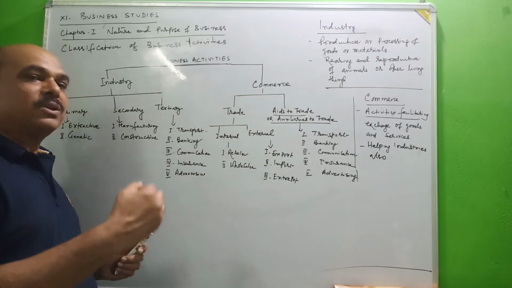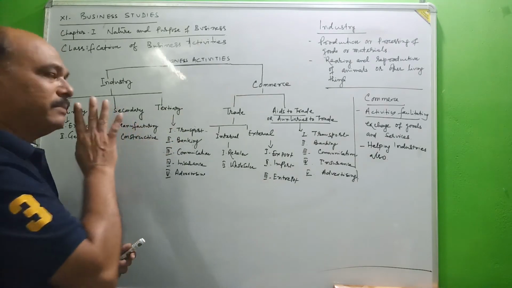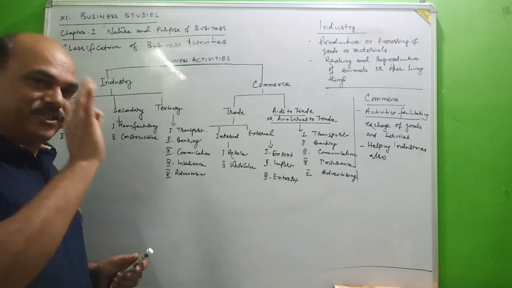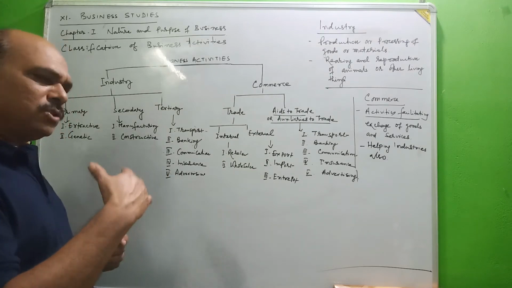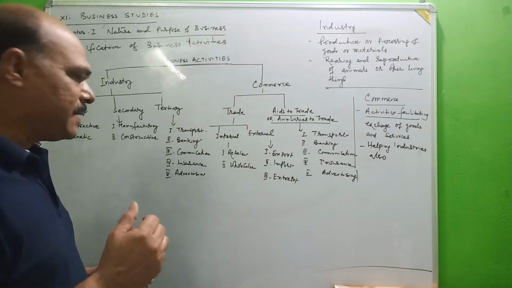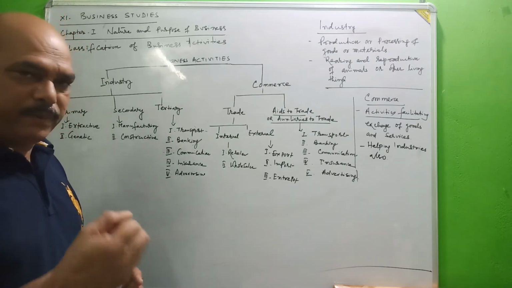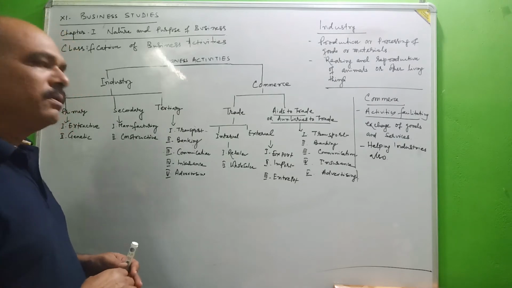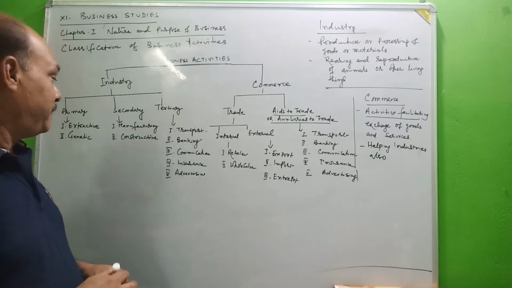Iron ore is transformed into steel in the steel industry. Other types of manufacturing industries are also there. You can take for example the paper industry. Bamboos are processed and paper is produced. Different other types of grasses are also used to manufacture paper.